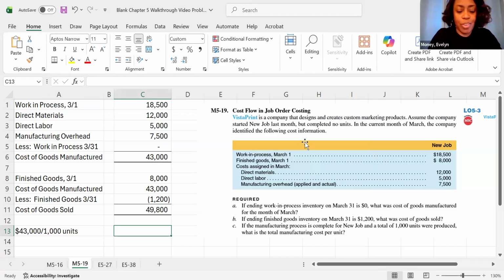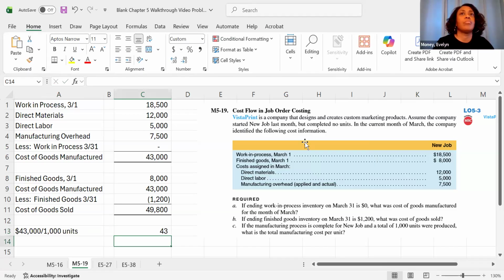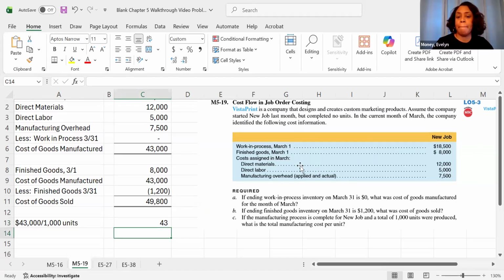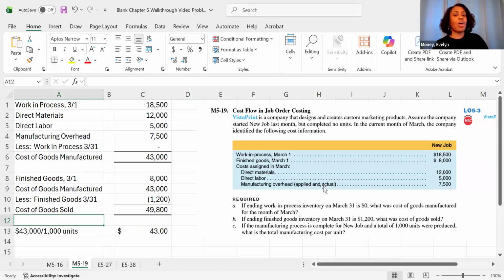And of course, we get 43. And I can make this look nice. Now, that takes care of how costs flow in a job order costing system.